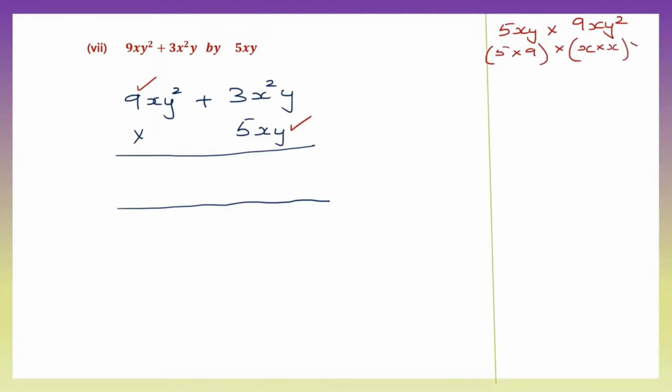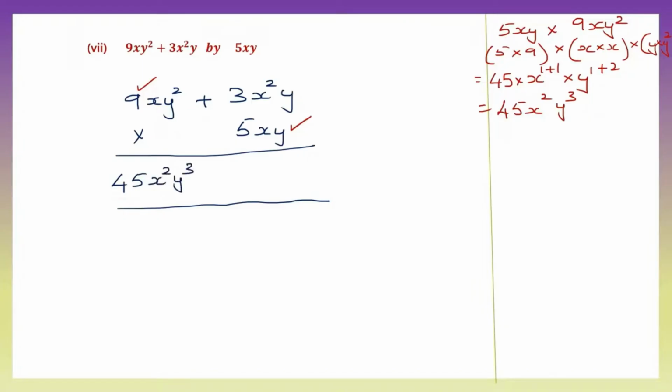Then we have the y's, y into y square. So what do we have here? 5 nines are 45 into x to the power of 1 plus 1 into y to the power of 1 plus 2. So that is 45 x to the power of 2, y to the power of 3. So let's write that down. 45 x to the power of 2 and y to the power of 3.